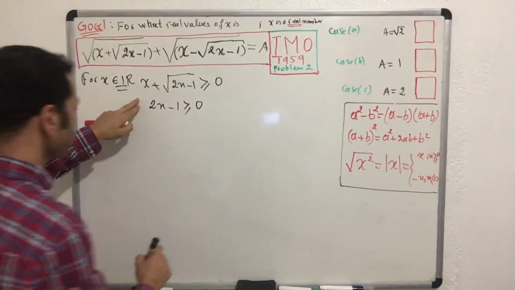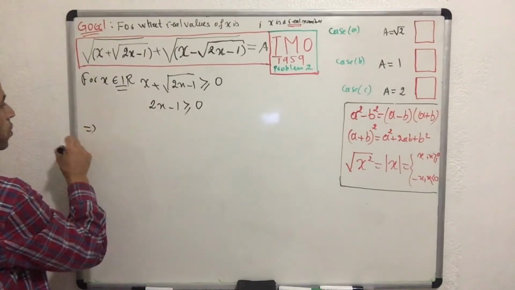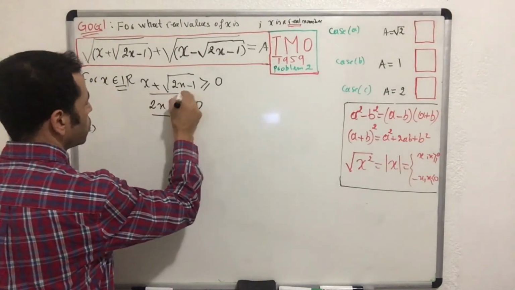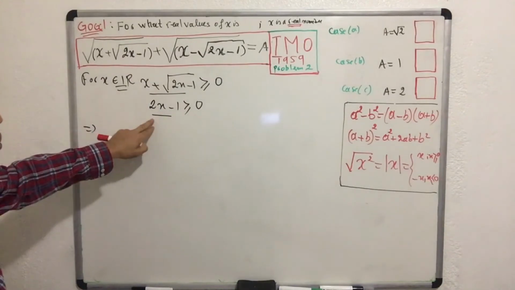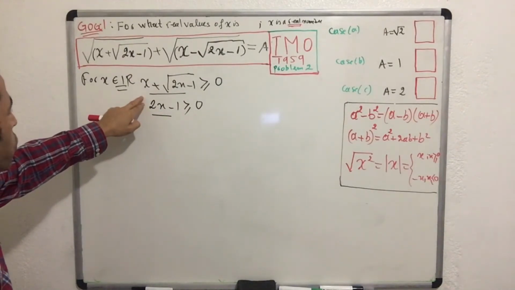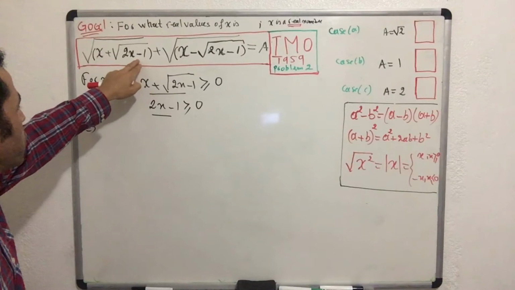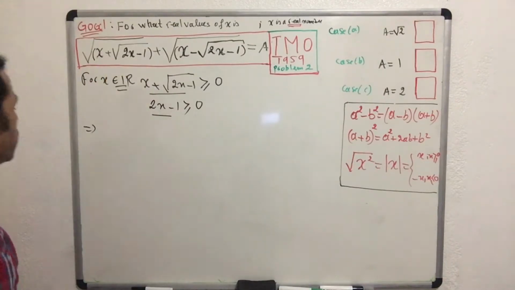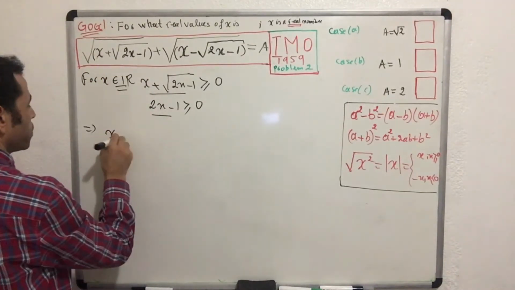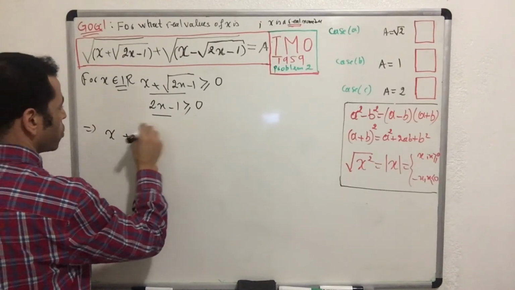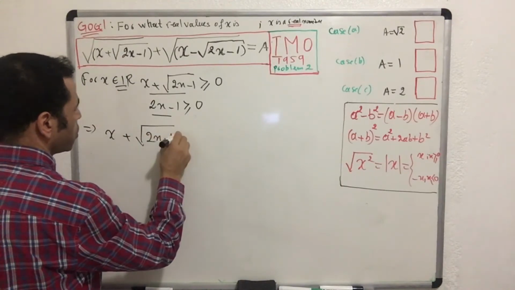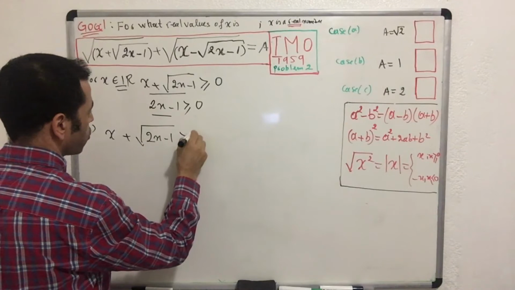Okay, so we have to hold these conditions in order to keep the quantity positive inside of the square root. So we have x plus square root of 2x minus 1 has to be superior or equal 0.